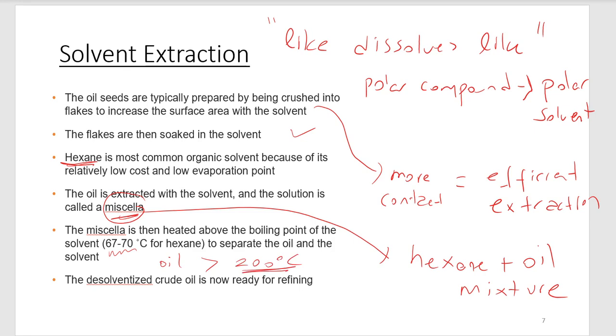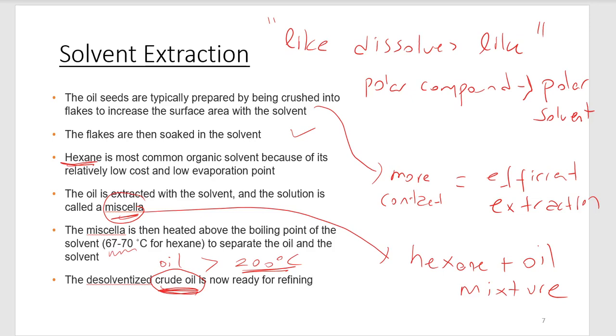Therefore, hexane will evaporate and you will have just oil. And this oil you obtain at the end is called crude oil. And this oil will go to the refining process.